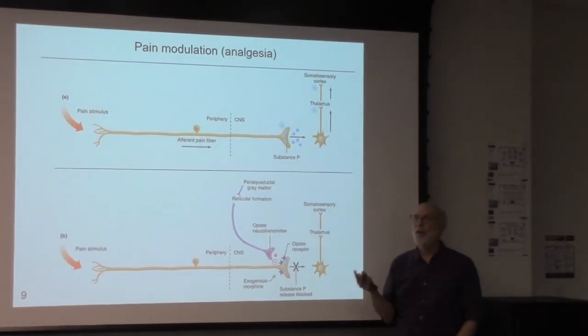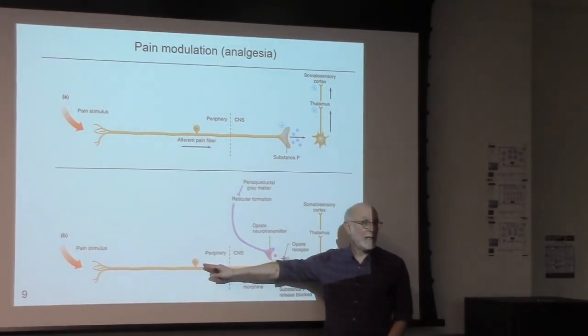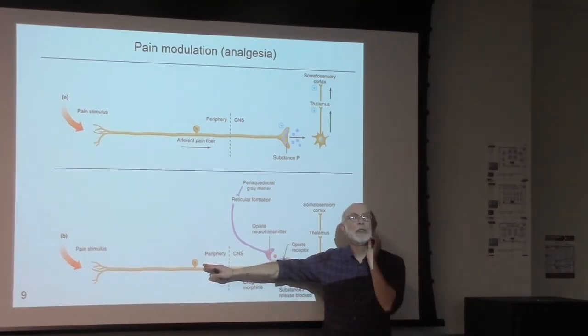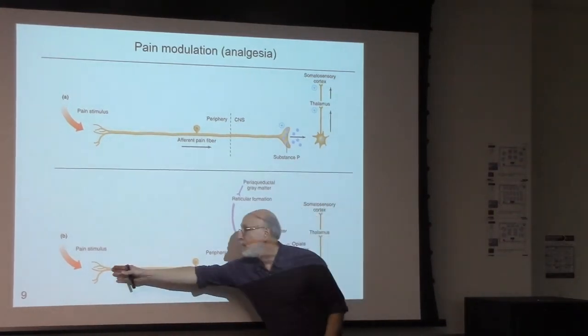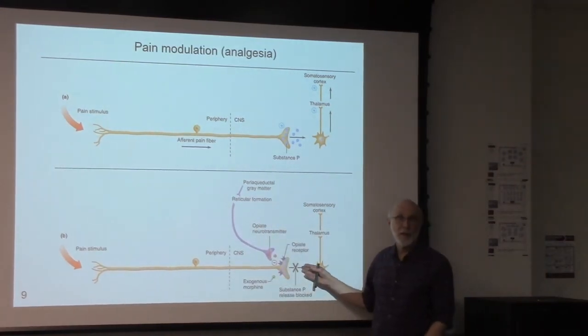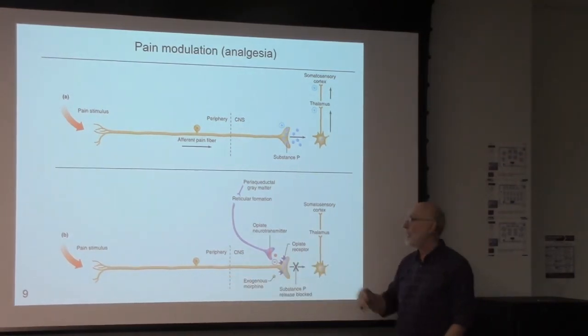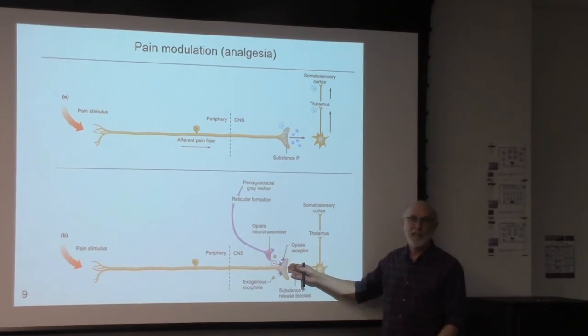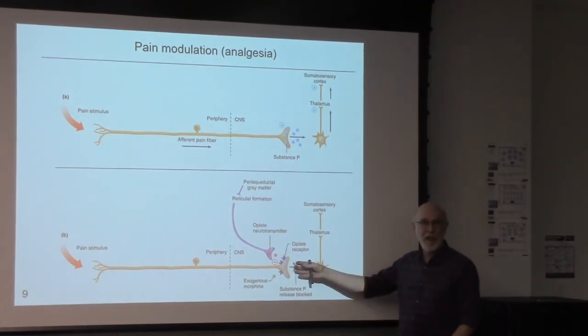If you've ever had dental work where you need Novocaine or some other painkiller, they are finding the trigeminal nerve ganglion in your jaw, injecting a sodium channel blocker and preventing the pain information from getting to your spinal cord. They might give you a long-lasting opiate afterwards, because these are more orally available, in order to block the pain later. But they're being very careful about prescribing opioids now because of addiction.